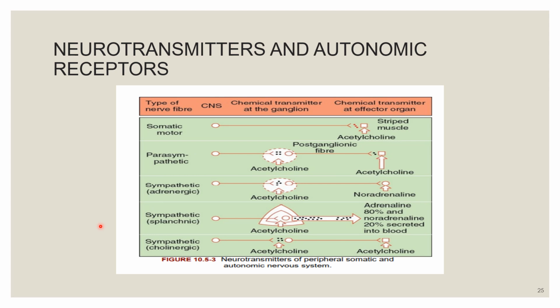Then the central axons enter the central nervous system and take part in the formation of a local reflex arc, or they may pass to higher centers of the autonomic nervous system. So the afferent component of the autonomic nervous system is identical to the afferent component of somatic nerves and forms part of the general afferent segment of the entire nervous system. So the afferent components of the somatic and autonomic nervous systems are the same. The efferent component is different for each. Now coming to the neurotransmitters and autonomic receptors.